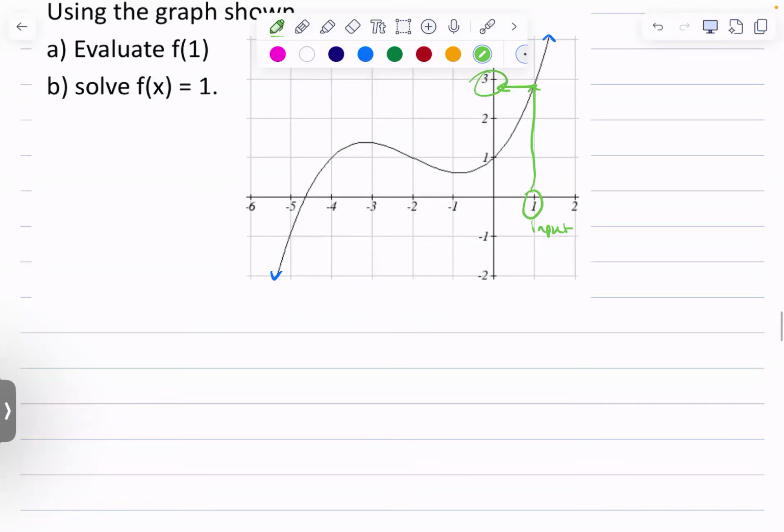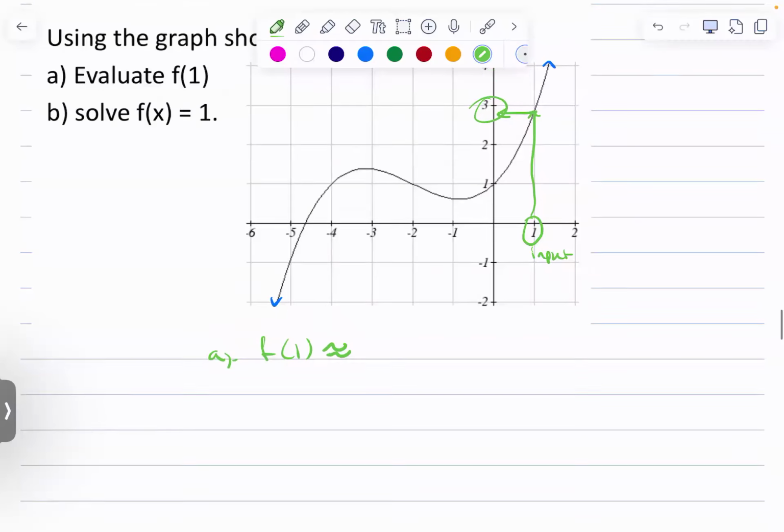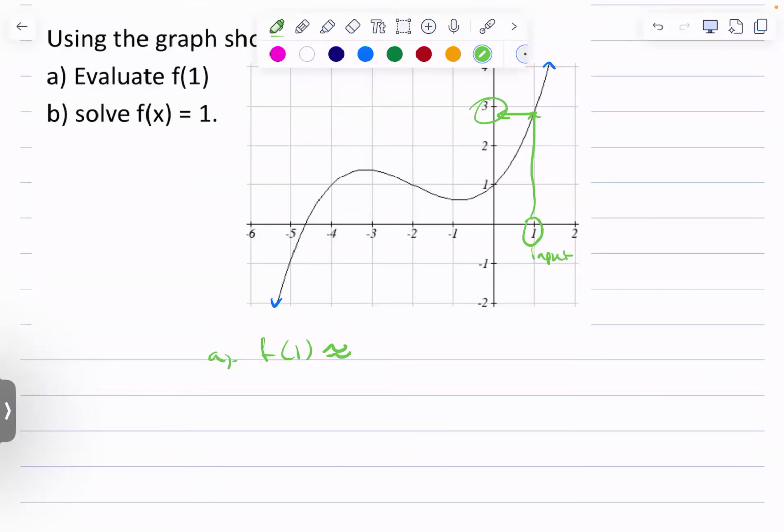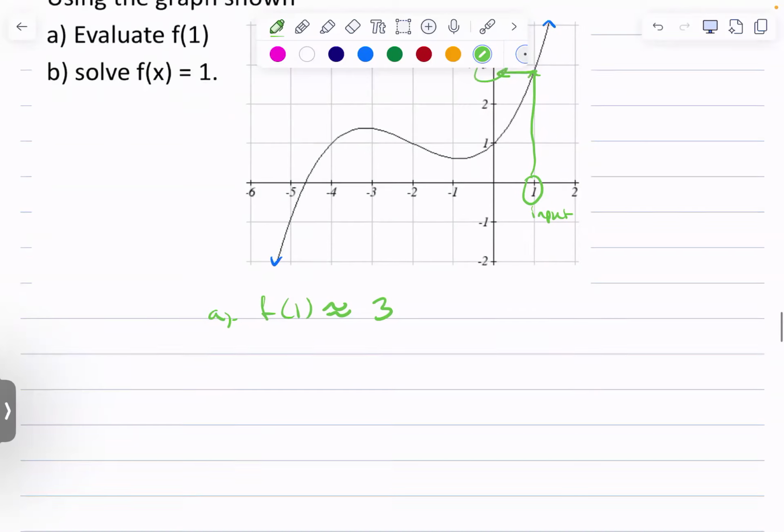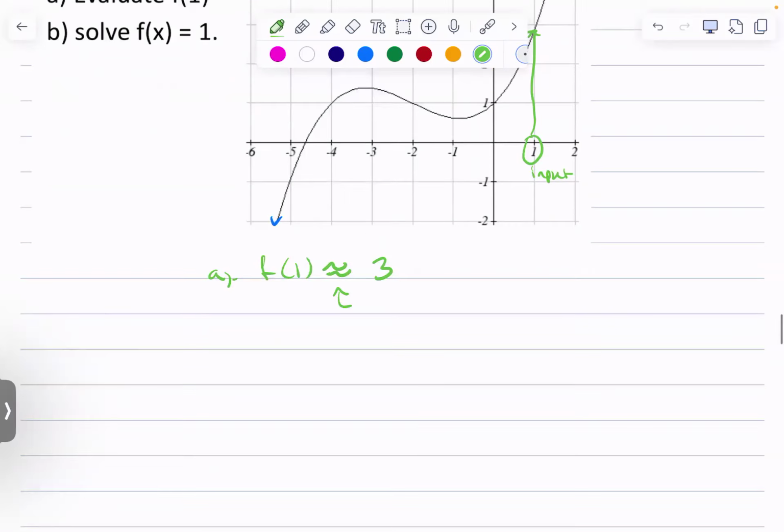And so here, part A, f of 1, and because I'm approximating, I'll say approximately 3, right? Roughly equal to 3.